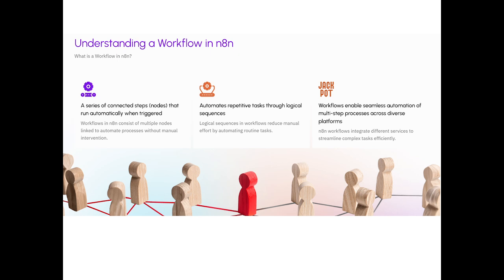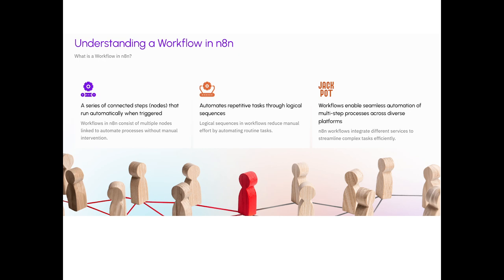Now in n8n, automation is built using workflows. A workflow is simply a series of connected steps. Each step is called a node. There are three types of nodes: trigger, action, and logic. Trigger nodes start the workflow.